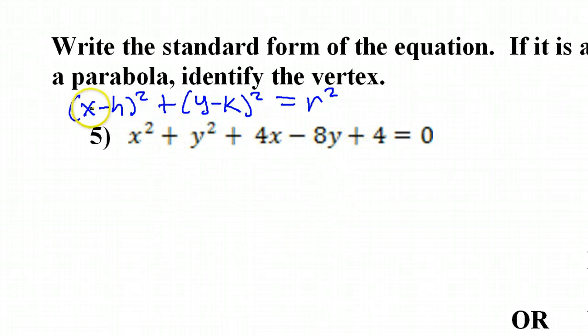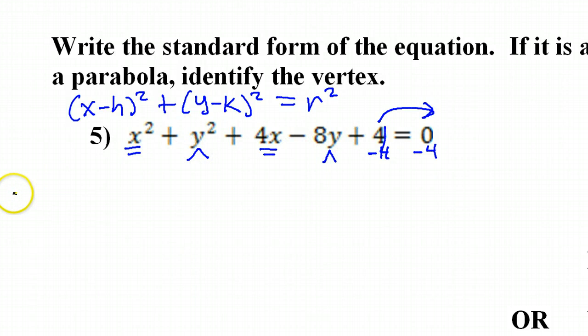So because we have two variables that are squared, we are going to have to complete the square twice to make that happen. But this 4 doesn't belong, so we're going to move that. So let's definitely subtract 4 from both sides. Okay, so that's gone. Now let's group together the x's. So these belong together, and then these y's belong together.